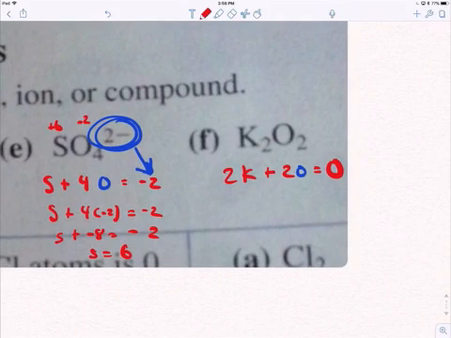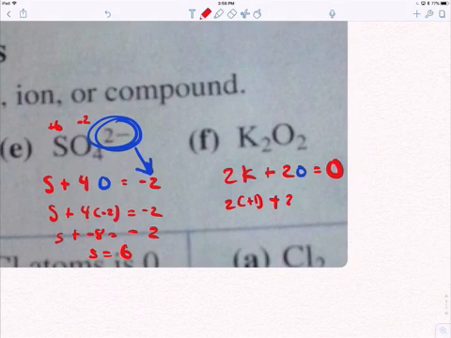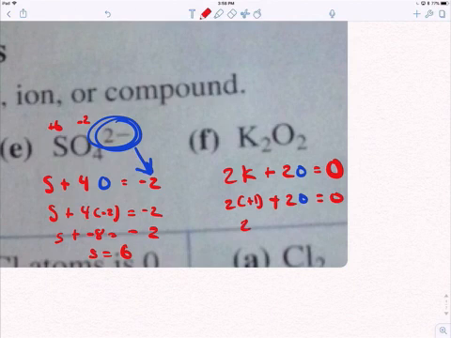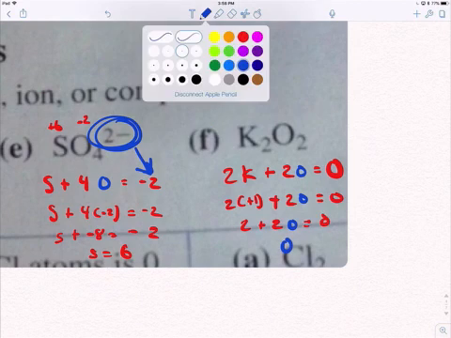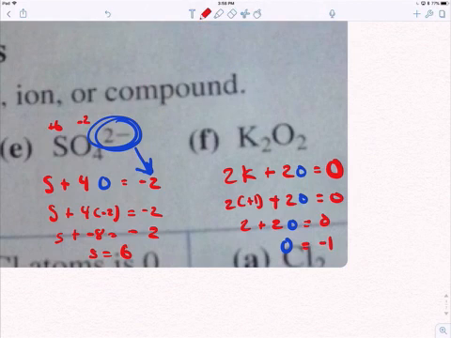So for this one, we're going to say 2 times +1 plus 2 times oxygens equals 0. Doing the math, oxygen is going to equal -1. Right, so we have +1 and -1.